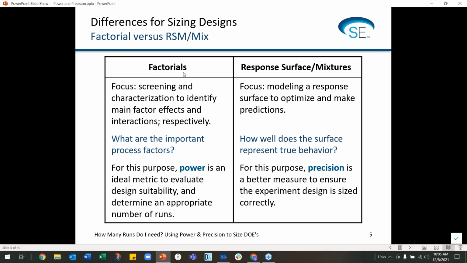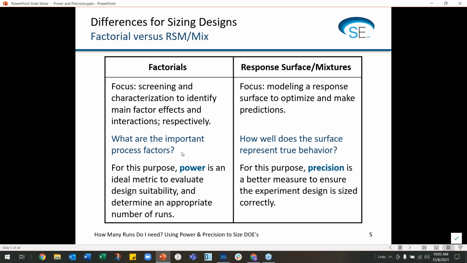With factorial designs, the focus is on using screening and characterization designs to correctly identify main effects and interactions. We ask the question, what are the important process factors? What are the important interactions?